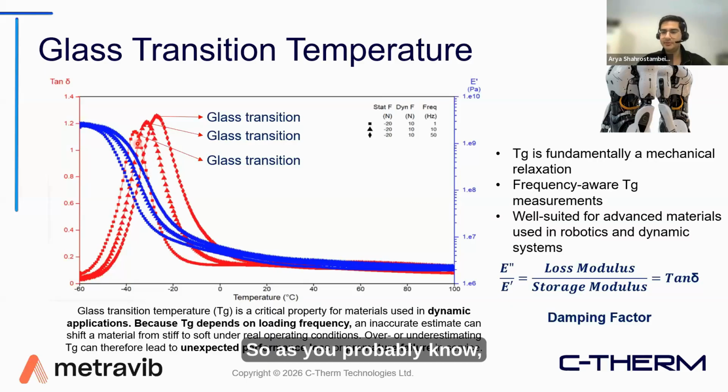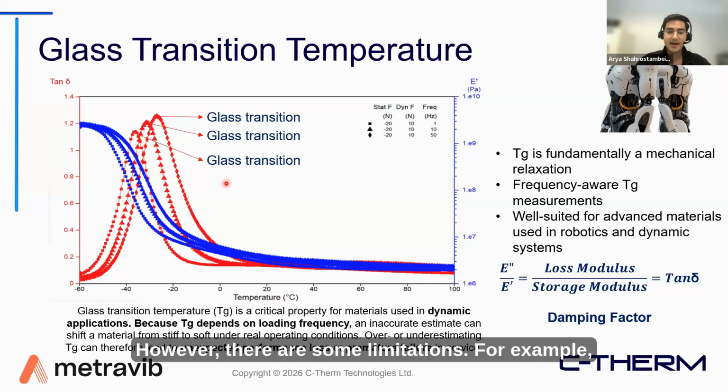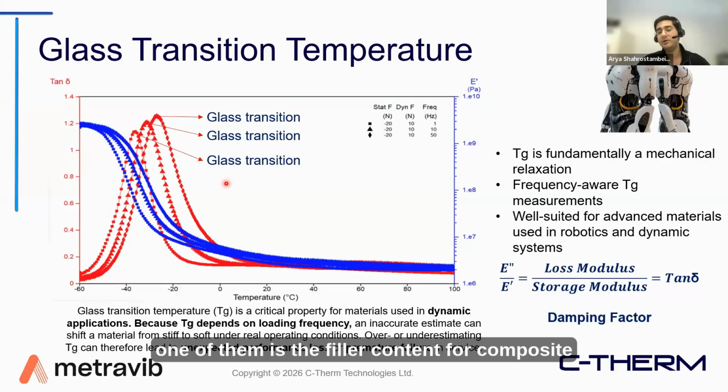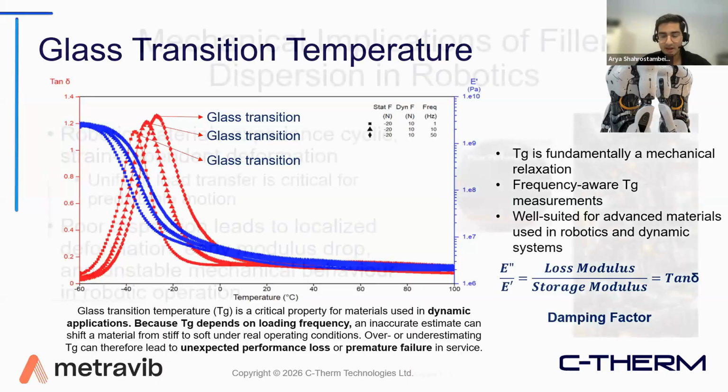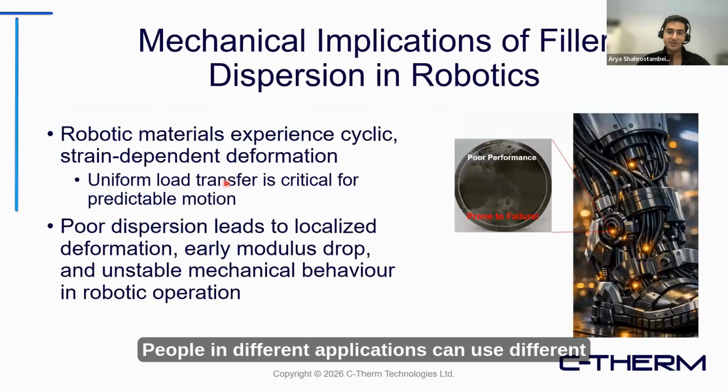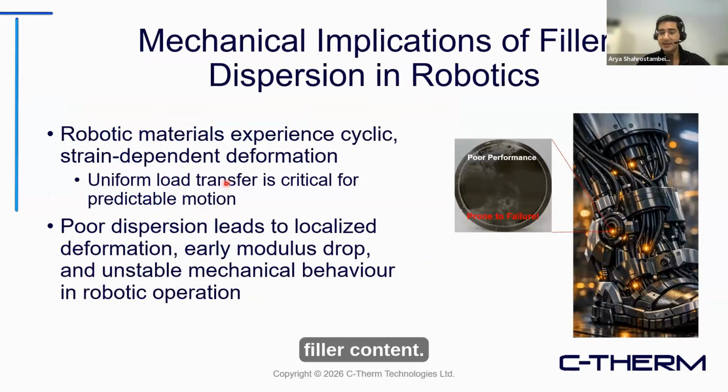So, as you probably know, glass transition is a mechanical relaxation that happens in a material. There are different methods to understand and measure glass transition temperature. However, there are some limitations. For example, one of them is the filler content for composite materials. People in different applications can use different filler content.